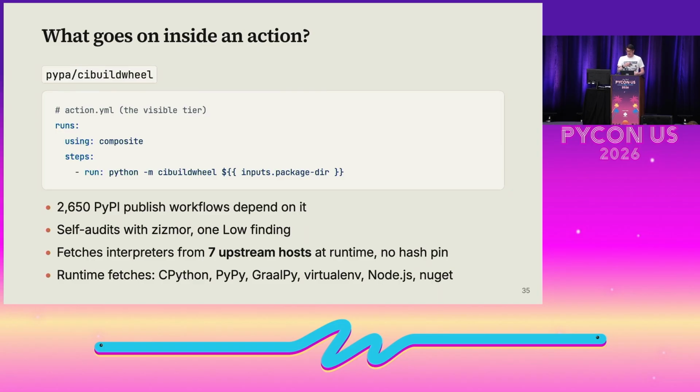There's a YAML configuration, but I didn't go deep into many things to see what code is being installed. But inside this particular action, there are 7 different hosts that it reaches out to as part of the process, installing C, Python, PyPI, GraalPy, virtualenv, Node, NuGet.